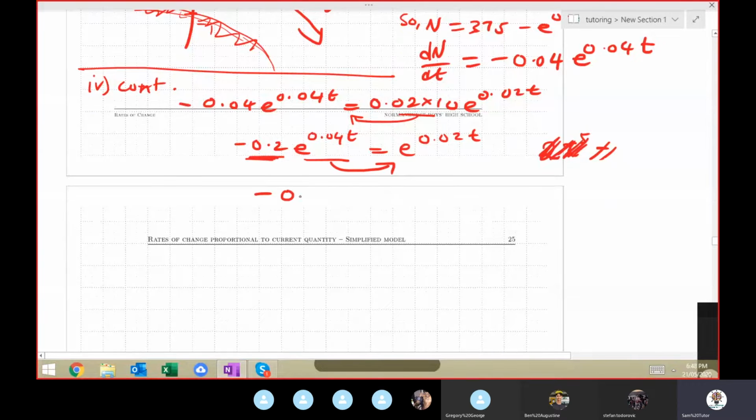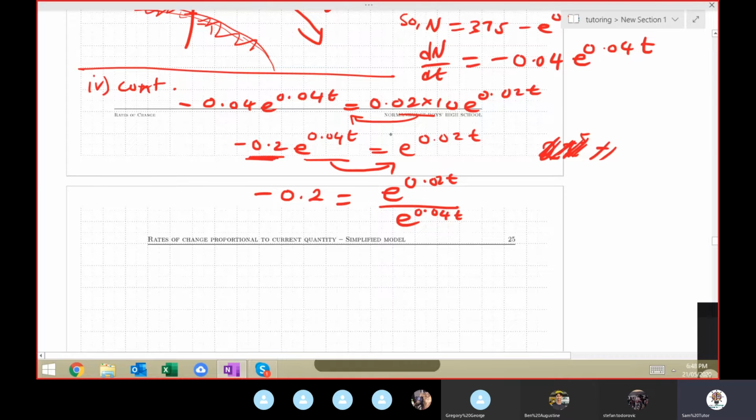So you're going to be left with negative 0.2 equals e to the 0.02t over e to the 0.04t. So then that way at least you've got t's on one side. That's your golden rule. Your t's have to always be on the one side.